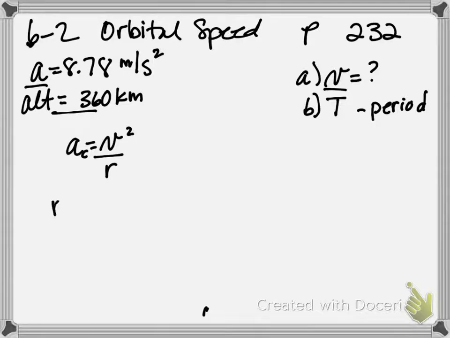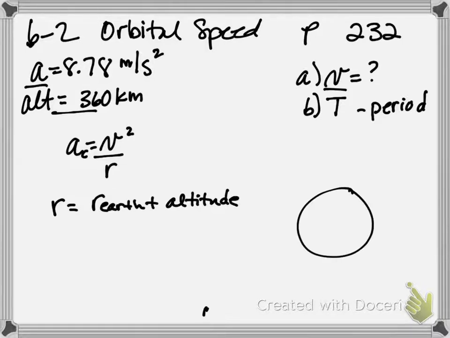So to get the proper radius, we need the radius of the Earth plus the altitude. In a very bad drawing here, if this is the Earth and this is the ISS, the distance is really this, and obviously this is not to scale. Here's the radius of the Earth, here's the altitude. We need to add those numbers together.